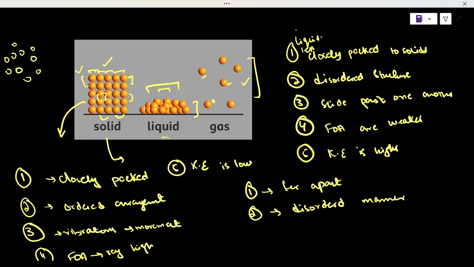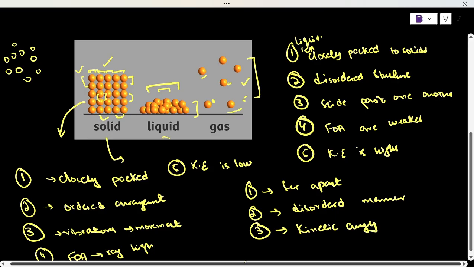Point three is they don't have vibrations, but what they have is a lot of kinetic energy. The particles are far apart, and the movement is a lot, so you can say that particles move freely.